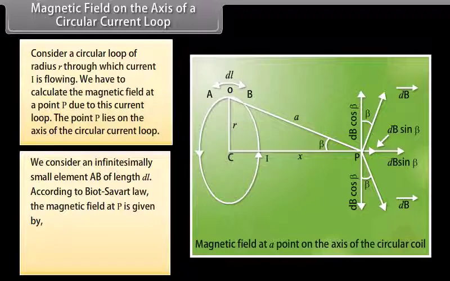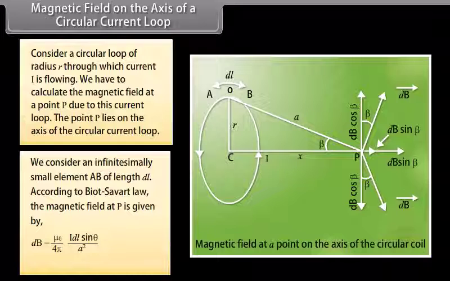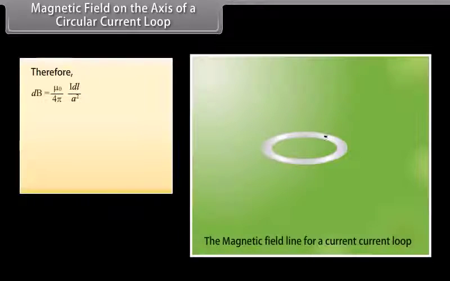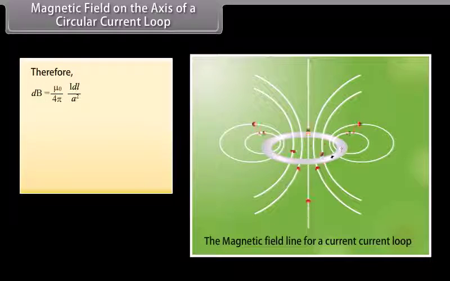According to Biot-Savart law, the magnetic field at P is given by mu naught upon 4 pi multiplied by I dl sine theta divided by a square. Here, theta is equal to 90 degrees and sine theta is equal to 1. Therefore, the magnetic field at P is given by mu naught upon 4 pi multiplied by I dl divided by a square.